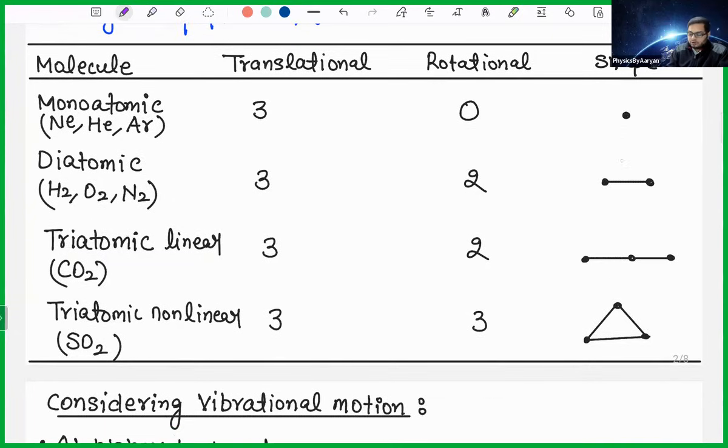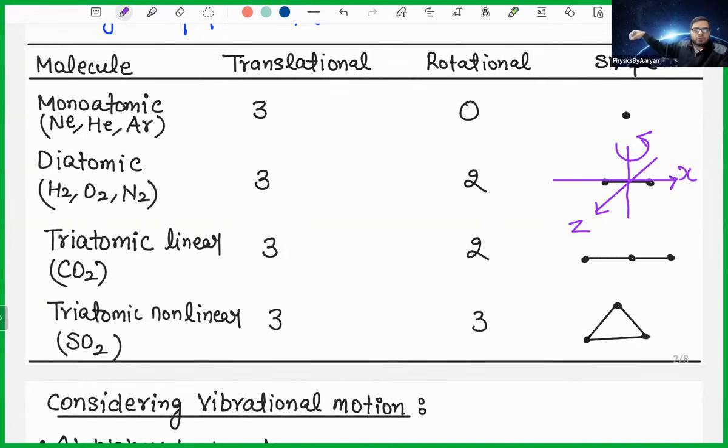Why? Because it can rotate around Y axis, it can rotate around Z axis, but it cannot rotate around X axis. This is a very tricky concept. Now you tell me, if you are on a merry-go-round, so you are a mass.